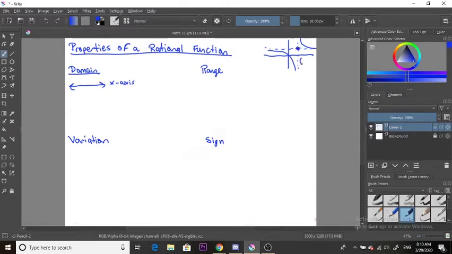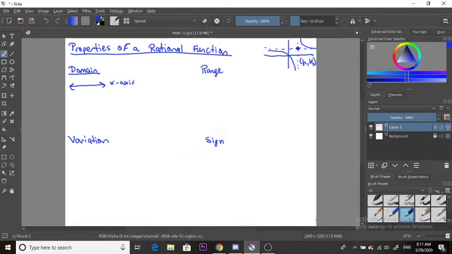This point here, that is your h and k, and that basically tells you where the divisions are. Now, there are two parts to this function. There's the left side, and then there's the right side. And so when we do our domain, we have to look at what our left side is first, and then what our right side is.